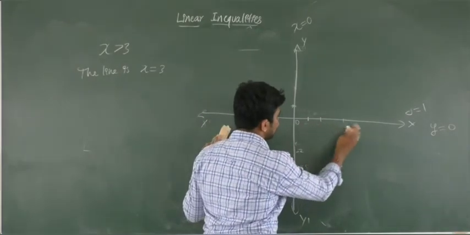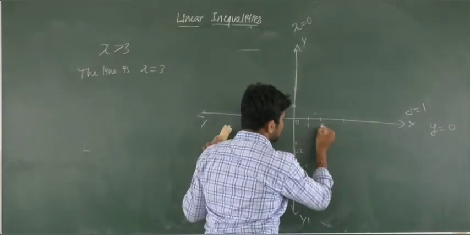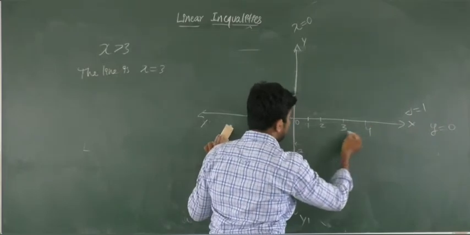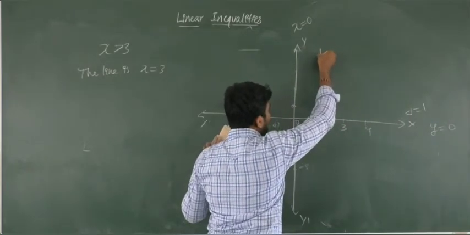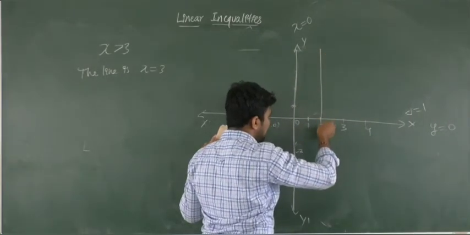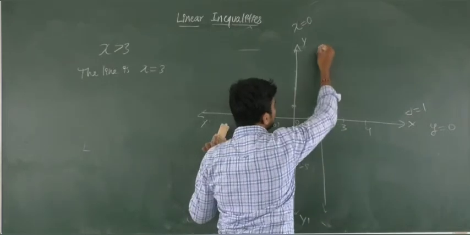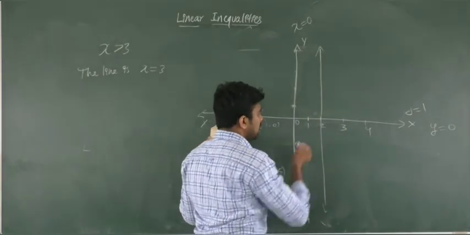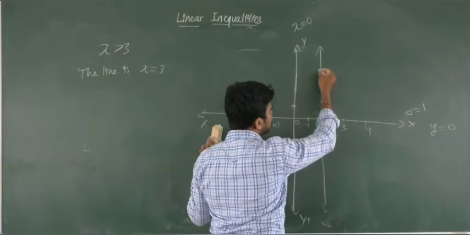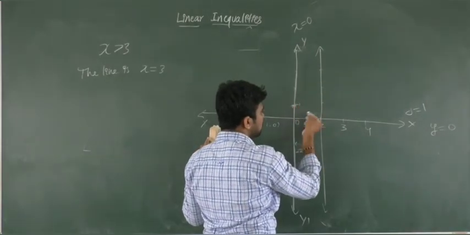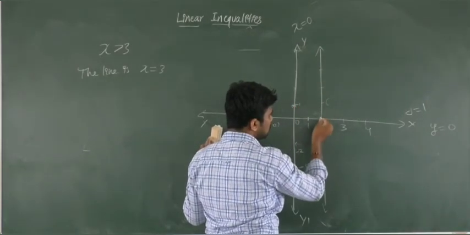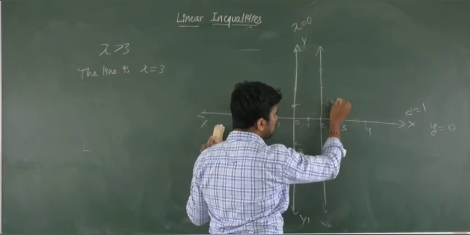Now suppose this point is 1, this point is 2, 3 and so on. Now I'll draw a vertical line that passes through the point 2 on the x-axis. Consider any point on this line. Suppose this point is 1. What are the coordinates of this point? x is 2, y is 1, so 2 comma 1.